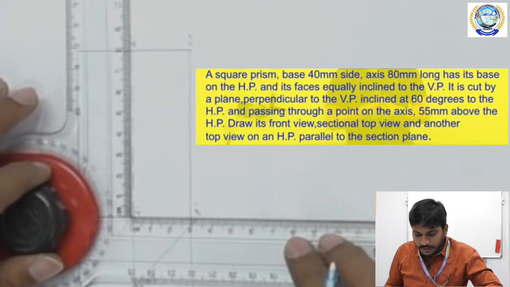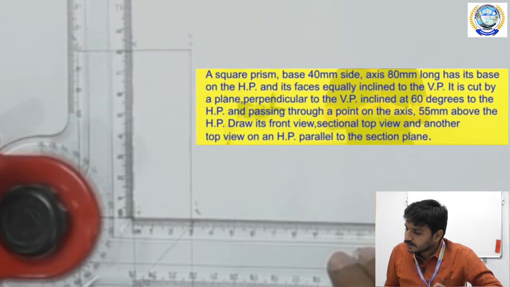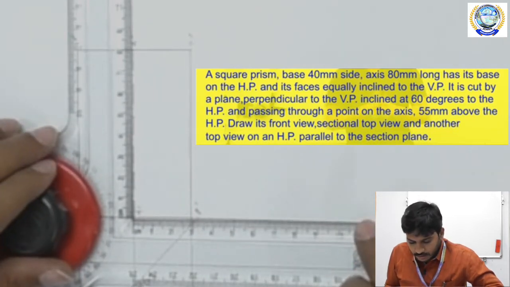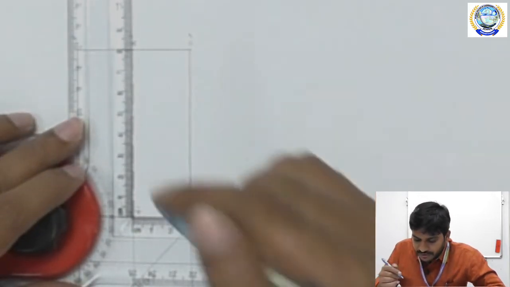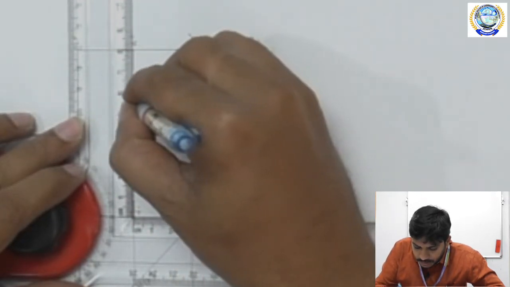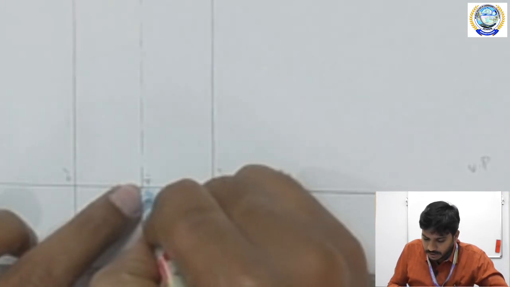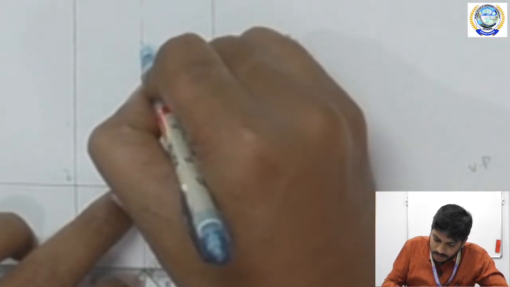The cutting plane, what they have given in the question: a sectional plane passing through at a distance of 55 mm from the HP. This is the HP, passing through at a distance of 55 mm from the base. Base means here, this is the HP. This is the 55 mm point.